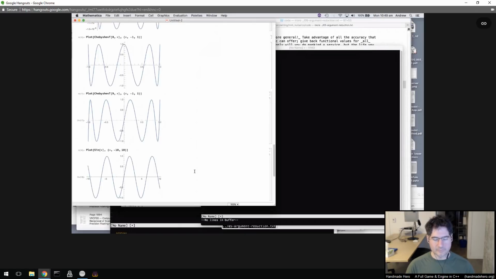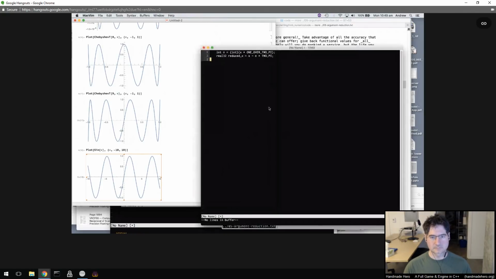So what we want to do is divide by 2 pi and take the remainder. That reduces the range, so we only have to deal with numbers in that range, or maybe from -pi to pi would be a useful range as well. In fact, -pi to pi is the one that I chose.